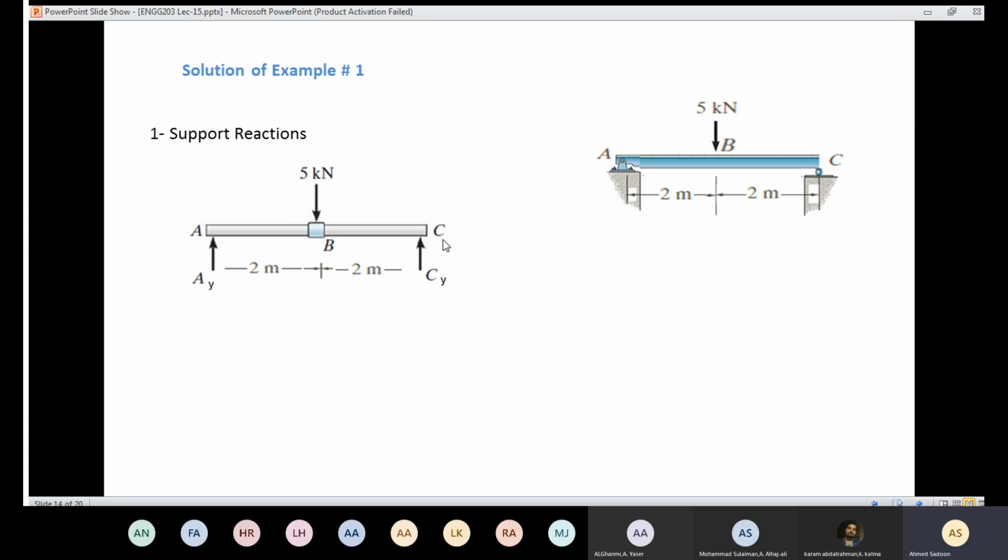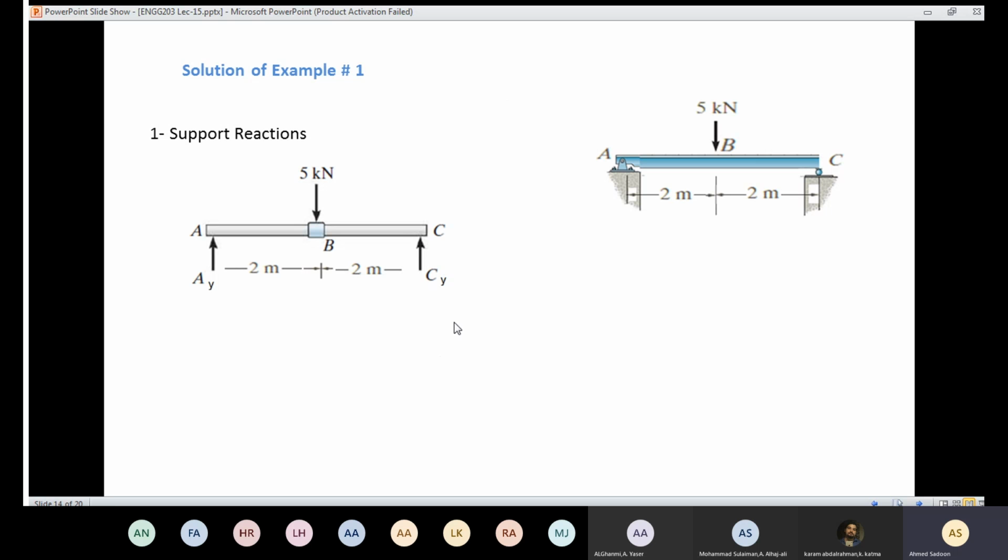Here we have a pin support, so we should have AY and AX. Obviously AX is going to be 0 because we don't have any forces in the x-axis, so we don't need to include it here. At the roller, we are going to have a reaction in Y. We are going to call it CY. So now we have finished the free body diagram like we have learned from the previous lectures.